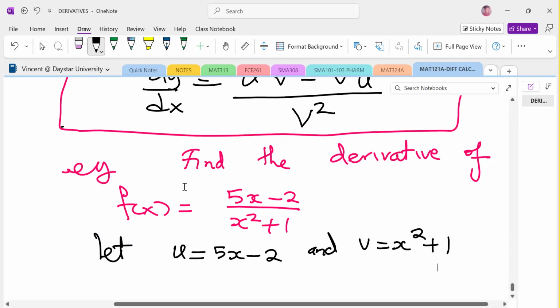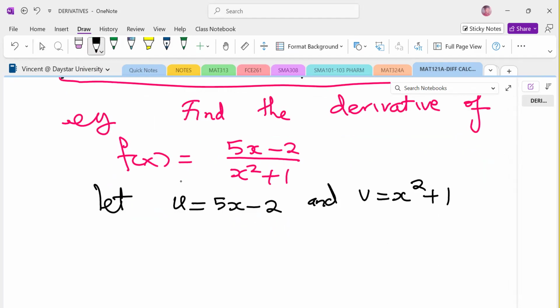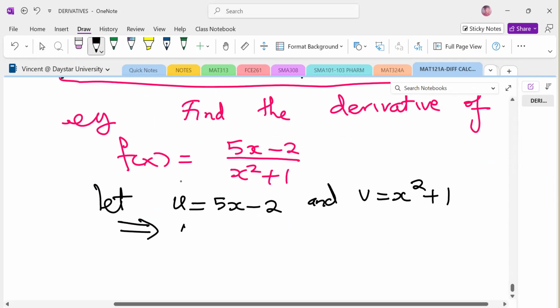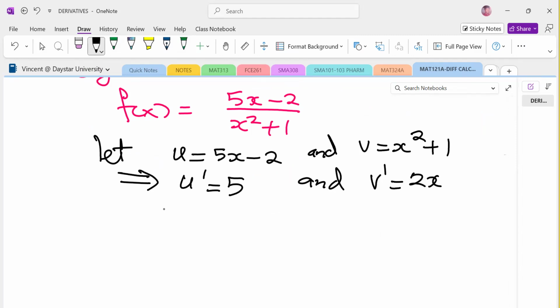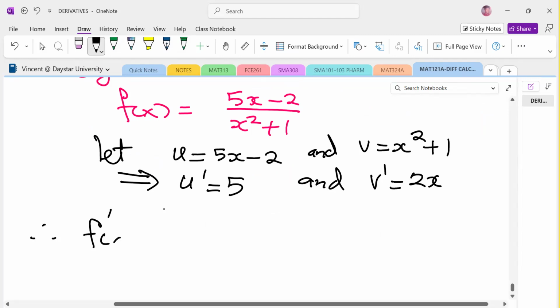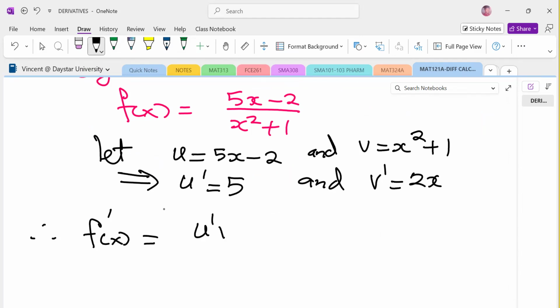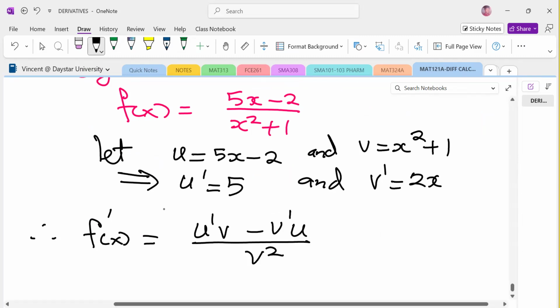So once you have your u and your v, the next step is to get their derivatives. So u prime in this case will be 5 and v prime 2x, correct? So therefore, f prime of x or dy dx will be u prime v minus v prime u divided by v squared.